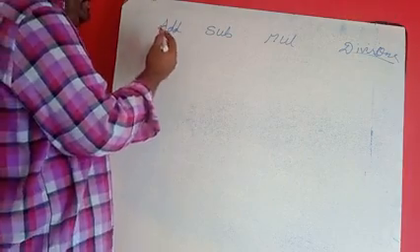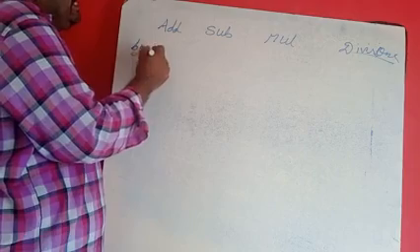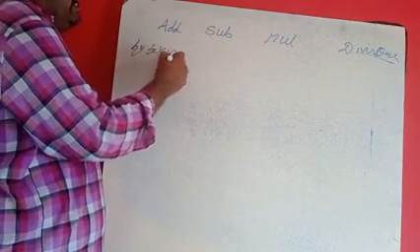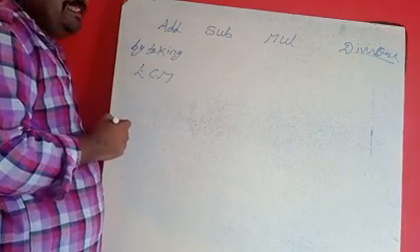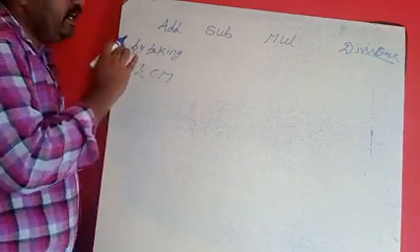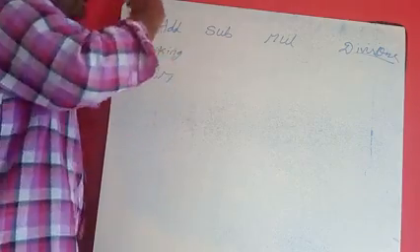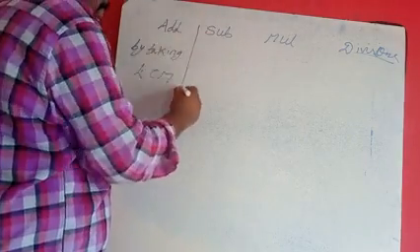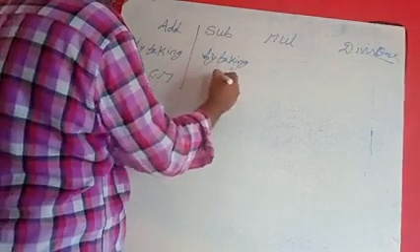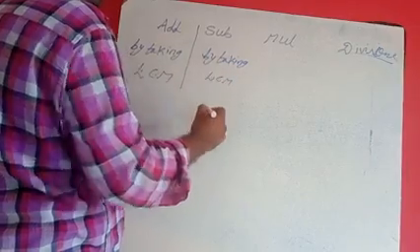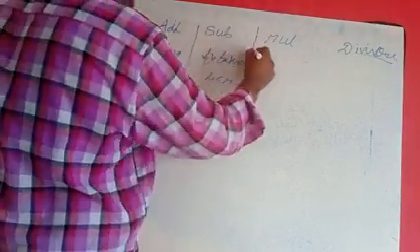So addition. How to do addition? By taking the LCM. By taking LCM, we have to do these additions. Subtractions: by taking LCM, for subtractions also it is compulsory to take LCM.